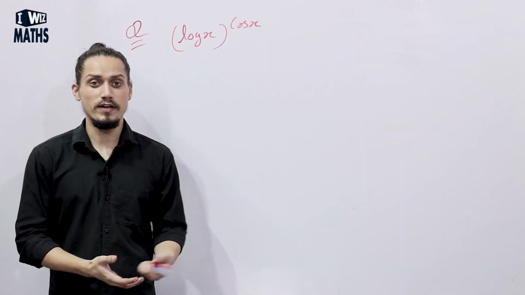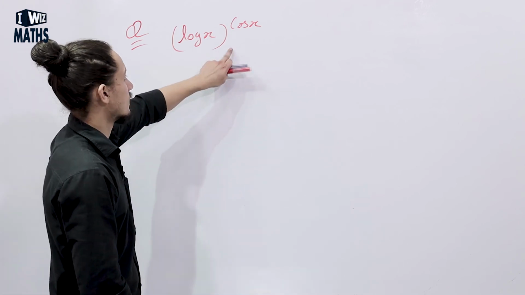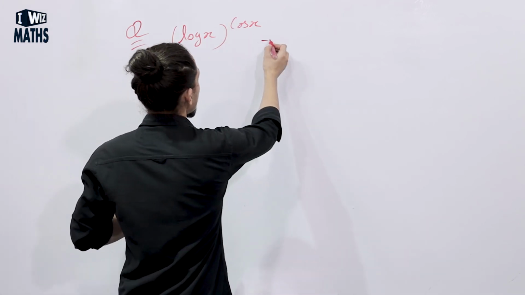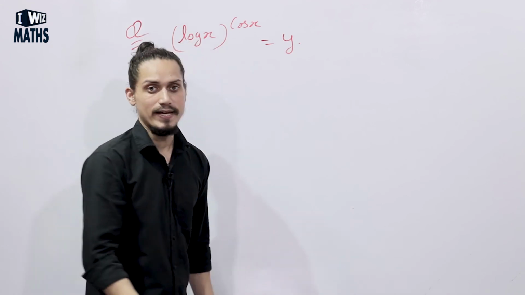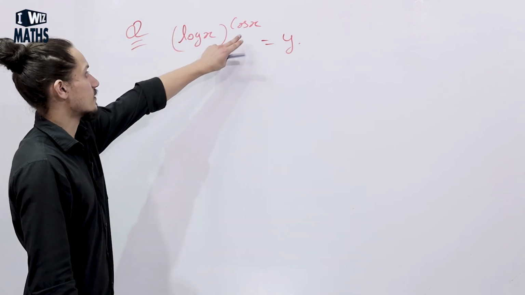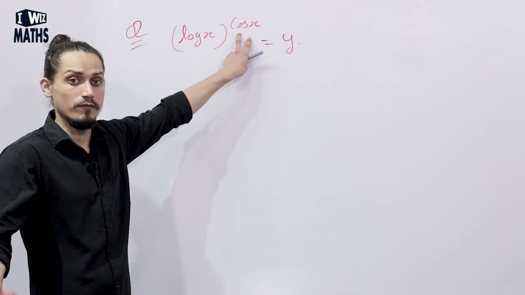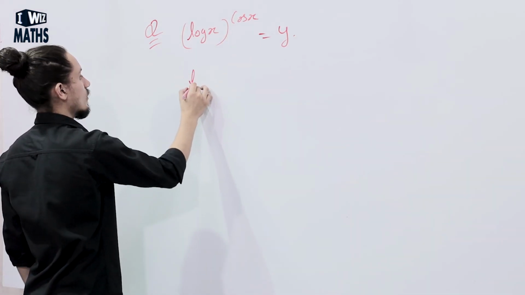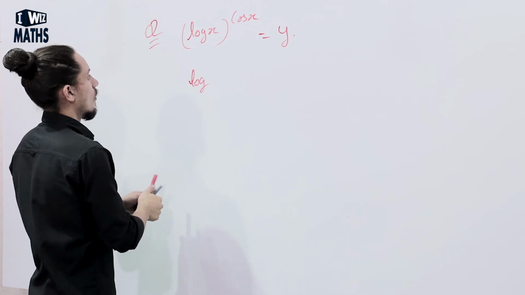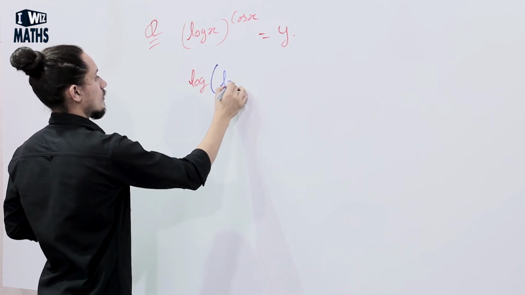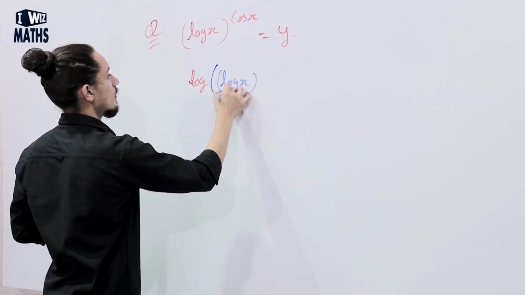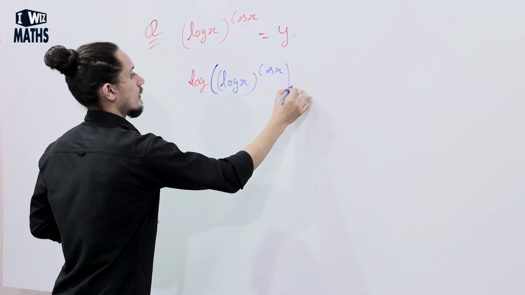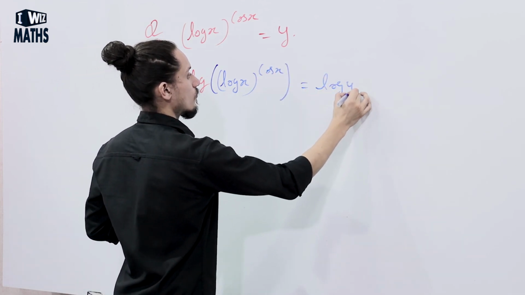Next example is we are given a function log x raised to power cos x is equal to y. We have to find its derivative. So the first point is we need to remove cos x from the power. So we'll take log on both sides. Taking log on both sides we get log of log x raised to power cos x is equal to log of y.